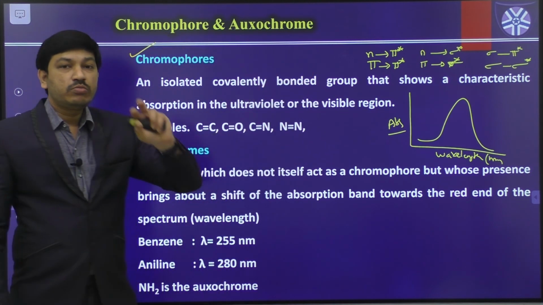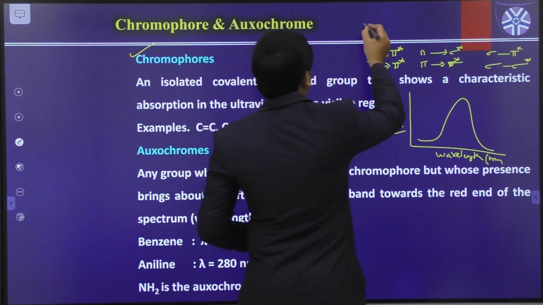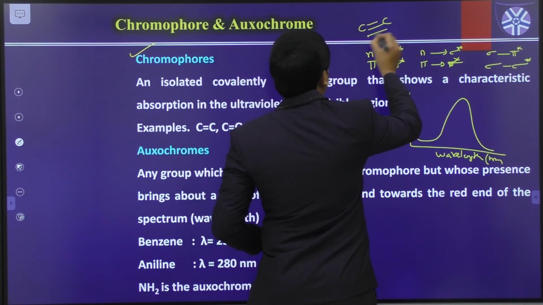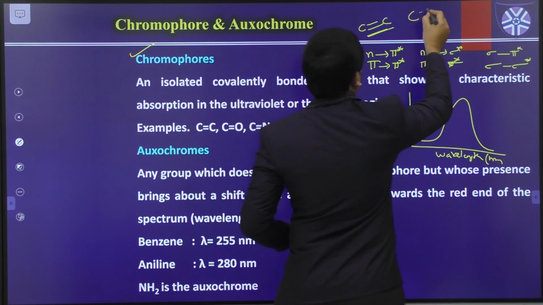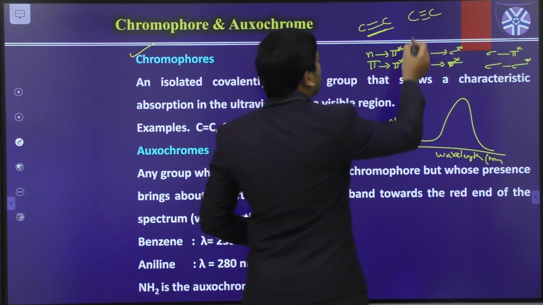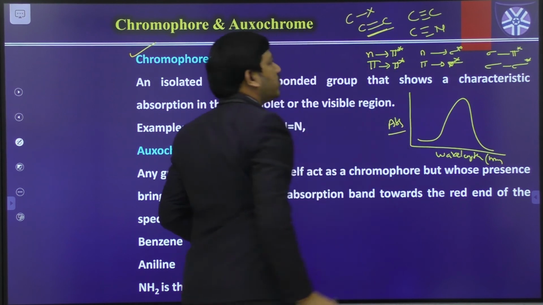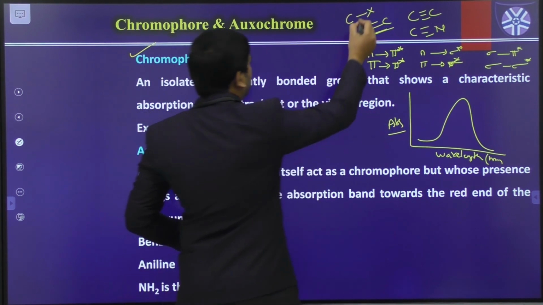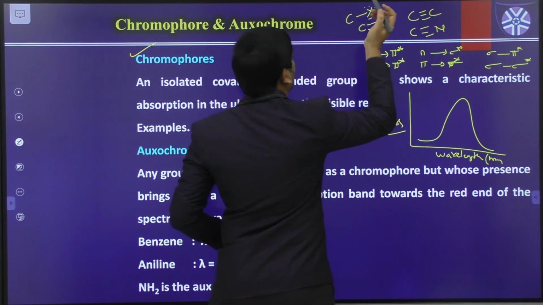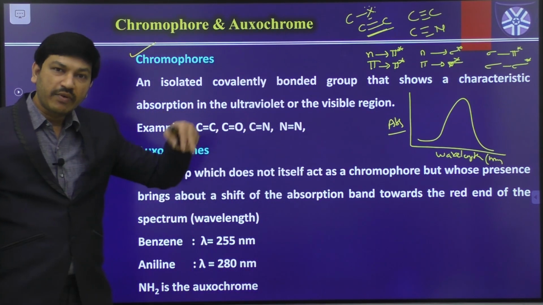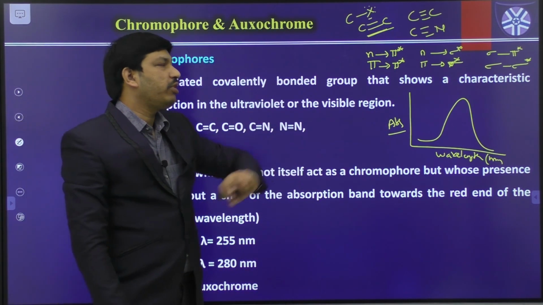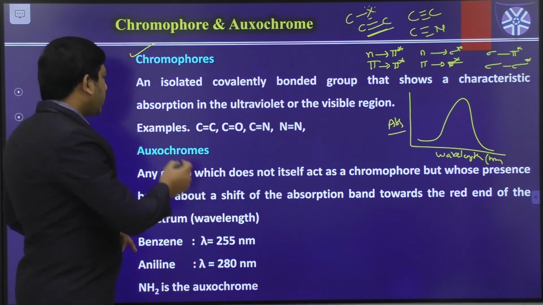These transitions are possible if your molecule contains any double bond like this or triple bond like this, or any halogen, X, or lone pair containing groups like this. If such kinds of groups are available in your molecule, then only you will get the corresponding absorption spectrum in this manner.